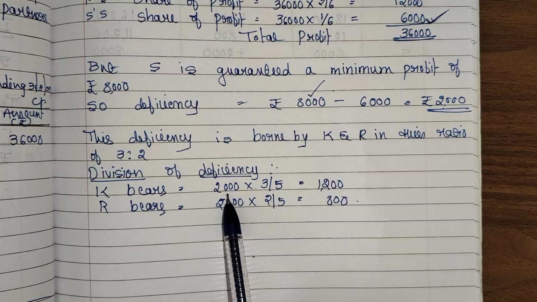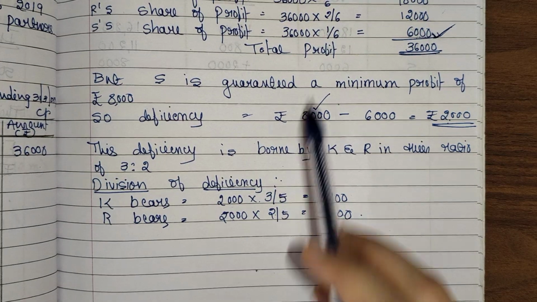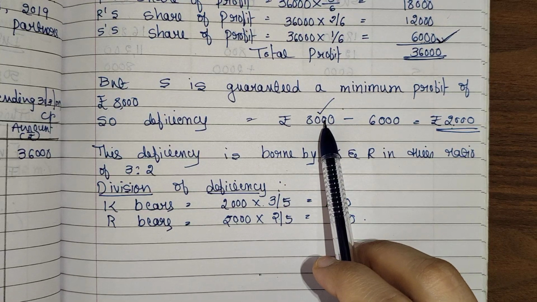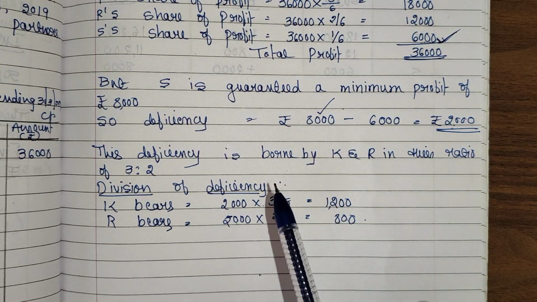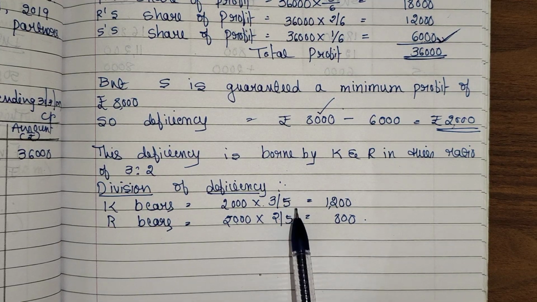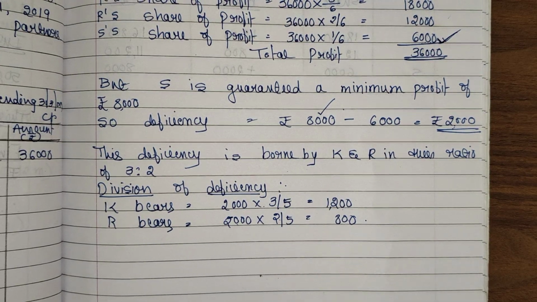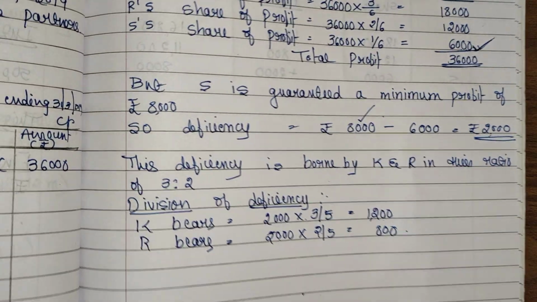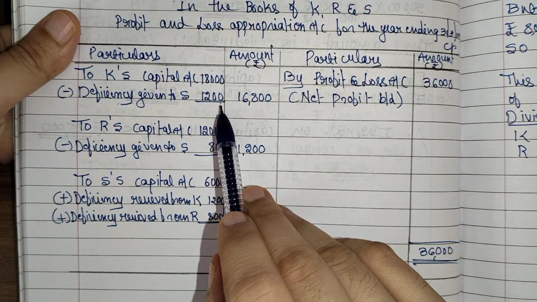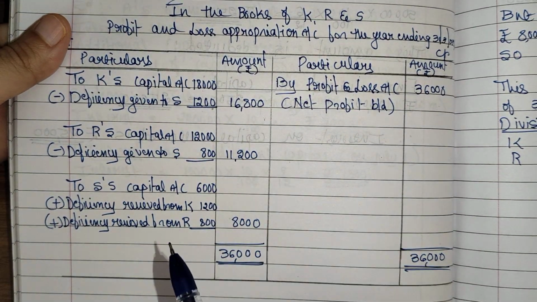S's actual share of profit is 6,000, but the amount guaranteed by K and R is 8,000, so the shortfall is rupees 2,000. 2,000 into 3 divided by 5 is 1,200. Clear? Don't get confused here. So write down 1,200. 18,000 minus 1,200 is 16,800.